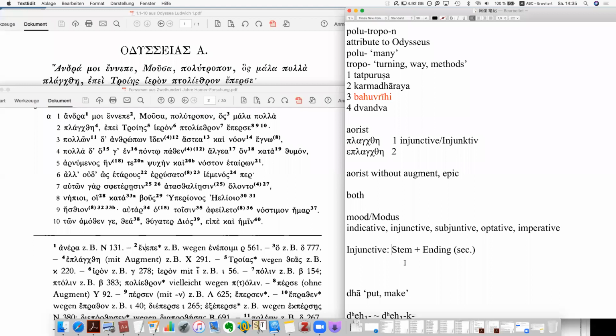How can you build an injunctive? You use a stem and then you add a personal ending. So this is everything. But for subjunctive, you use a stem and then you add a thematic vowel, and then you put an ending. So it's a little bit more complicated, but not that complicated. You just put a thematic vowel here.